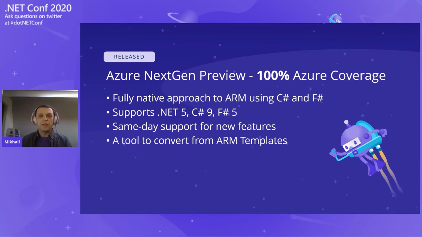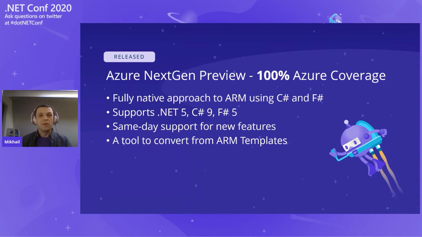But even more importantly, our .NET SDK is fully automatically generated from Azure Open API specs, which means that as soon as Microsoft publishes some new API specs for a new service or a new resource or a new API version, we take those specs and automatically generate SDKs for you, which means that you always have access to the latest and greatest from Microsoft, basically on the same day when they are released and publicly available.